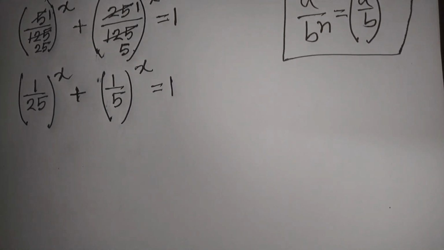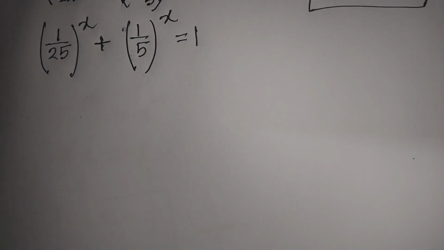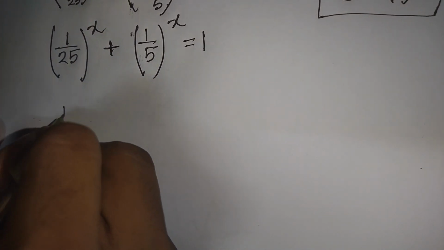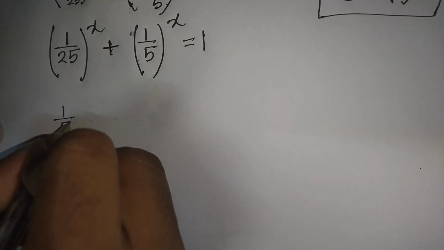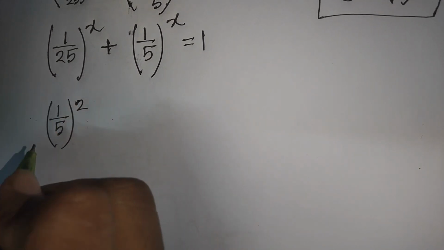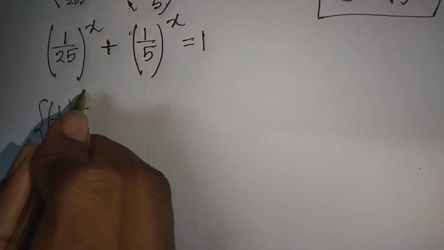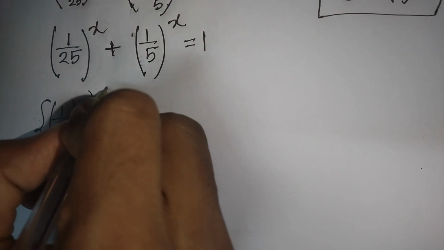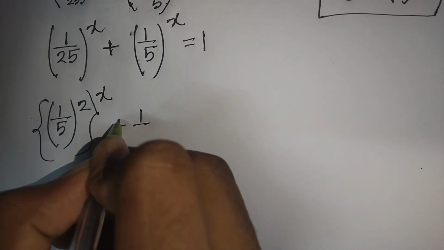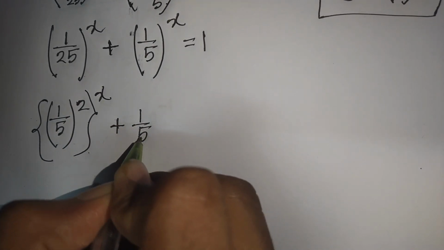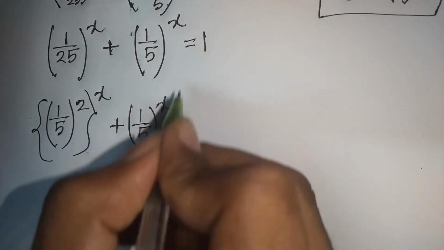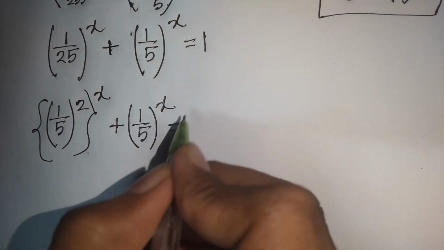Now, 1 by 25 can be written as 1 by 5 bracket power 2. Then this first bracket can be written as second bracket power of x plus 1 by 5 bracket power x is equal to 1.